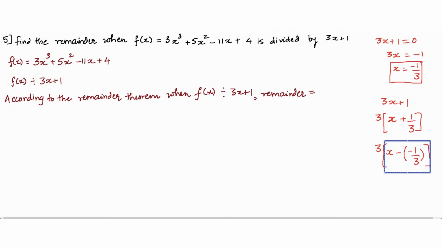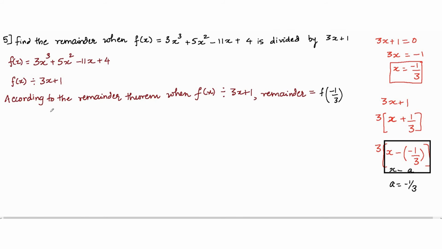So if you compare this with x minus a, the value of a actually is negative 1 by 3. Therefore, the remainder is f of negative 1 by 3.